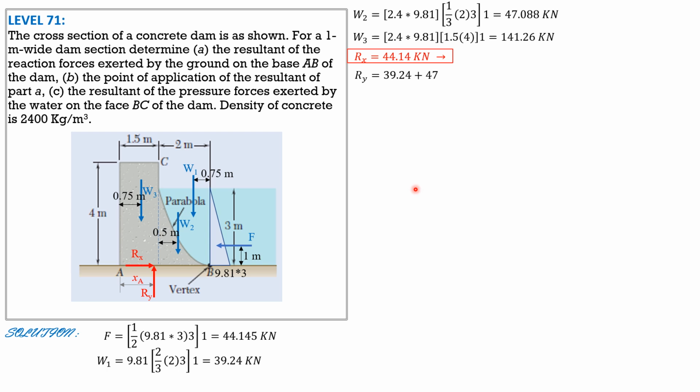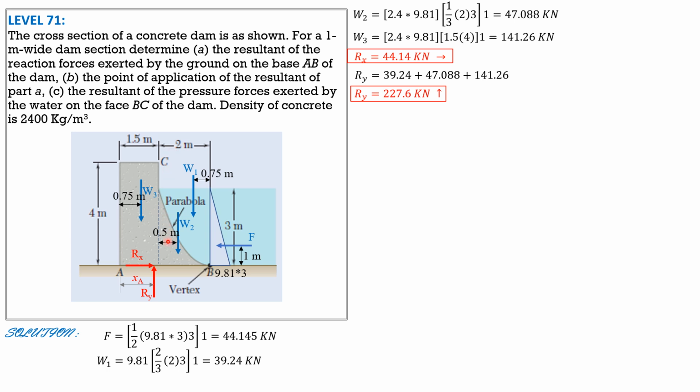Ry is 39.24 plus 47.088 plus 141.26. So Ry is equal to 227.6 kilonewtons upward. That's the resultant reaction at the base. But the resultant vertical force is downward.